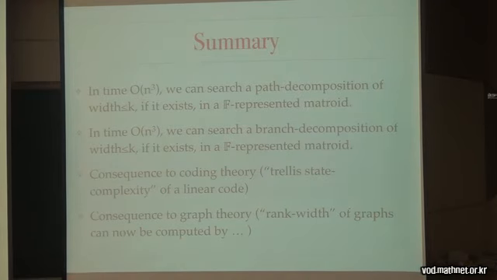It has consequences to coding theory, something called trellis state complexity. And it has a corollary to graph theory, which I didn't mention, because something called rank width can be computed from the branch width of a matroid. Okay, so that's it. Thank you for your attention.